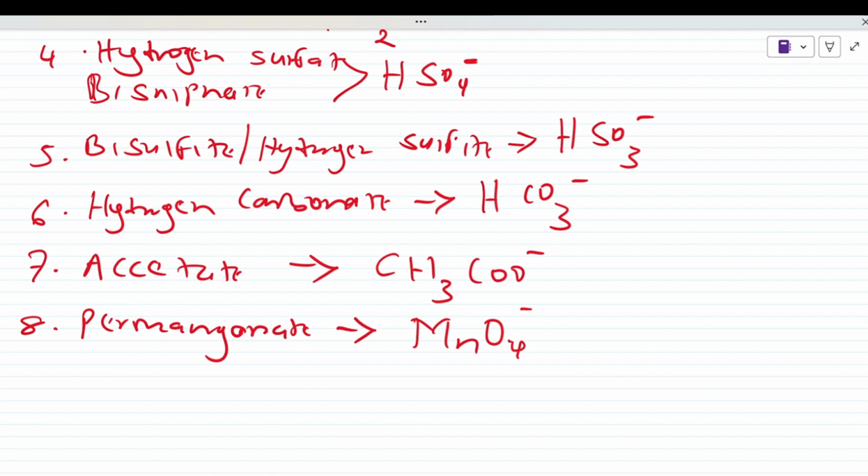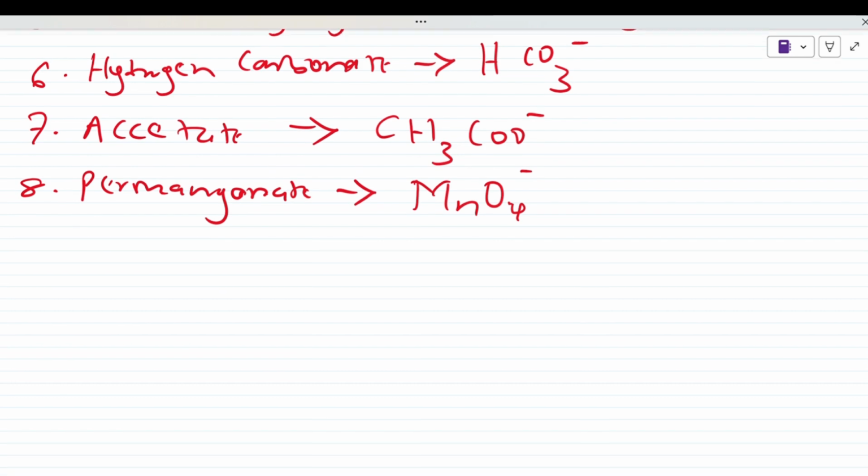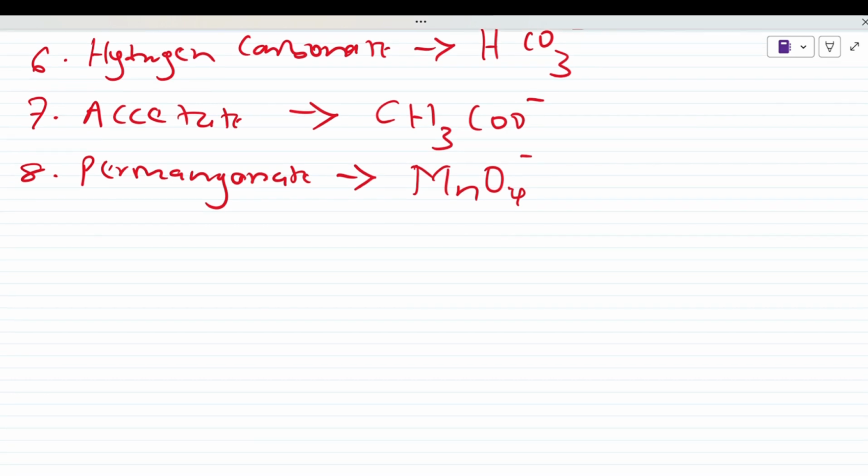Now, I'm going to pick these radicals by themselves and try to come up with chemical reactions that we can use to understand them further in chemistry.